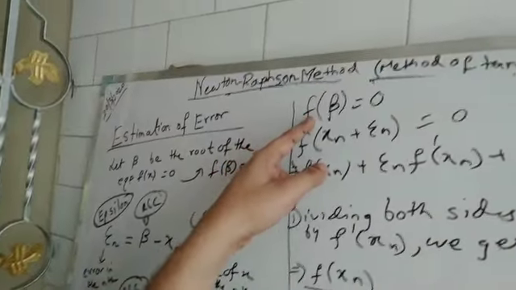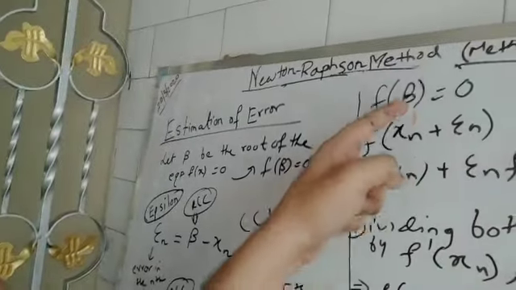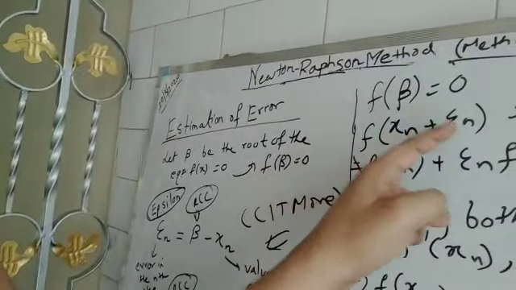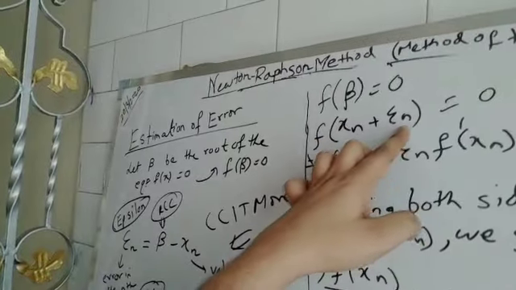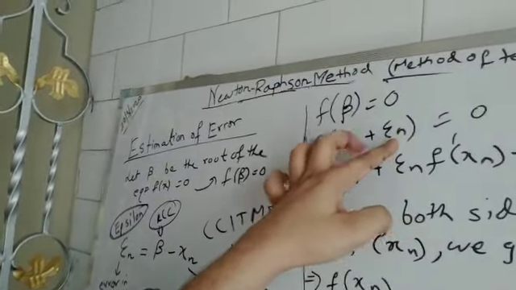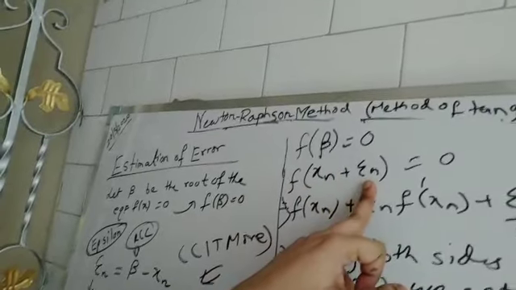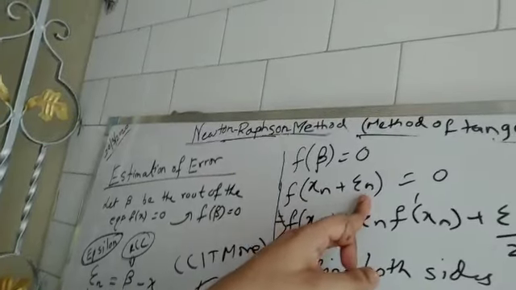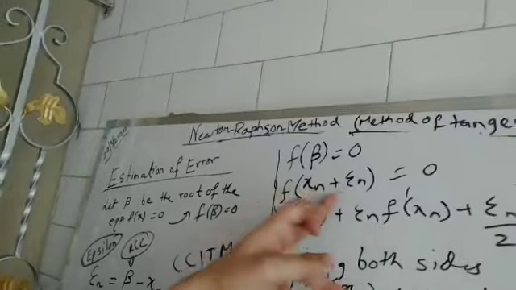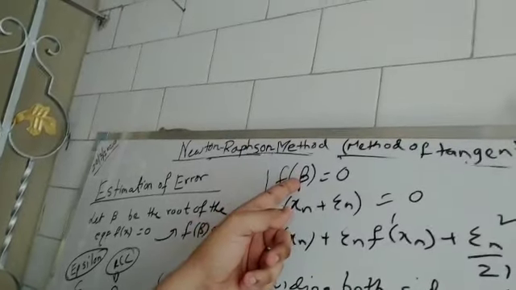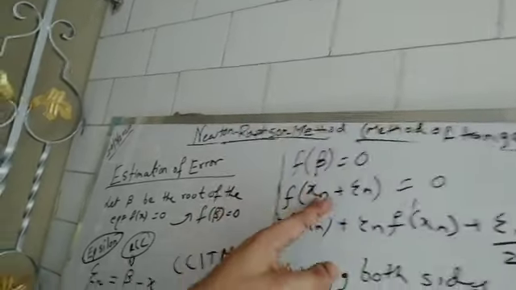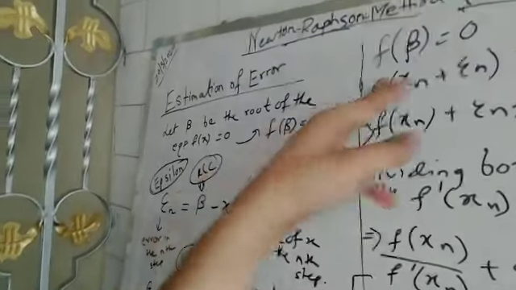Since beta is the root, f(beta) is 0. Now beta can be written as xn plus the error in the nth step. That means CIT Moore plus this extra distance; if I cover it, then I will reach RCCIT. So from this equation, f(xn plus epsilon n) is equal to 0.